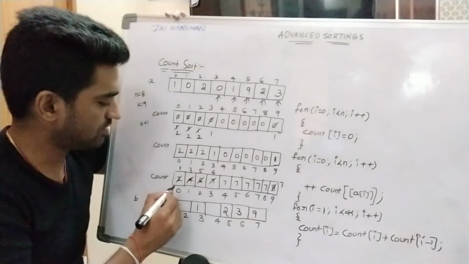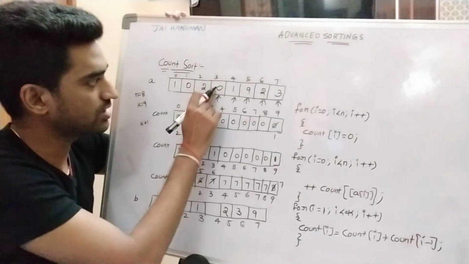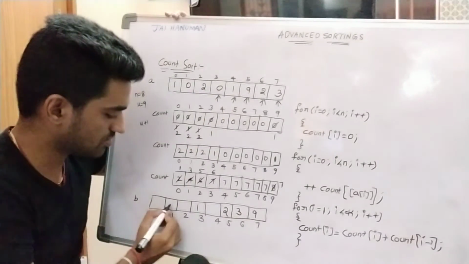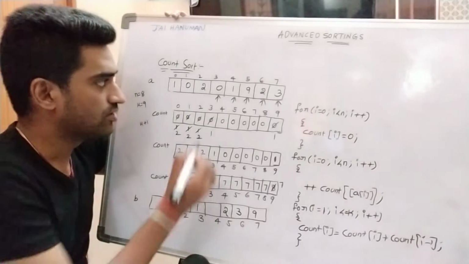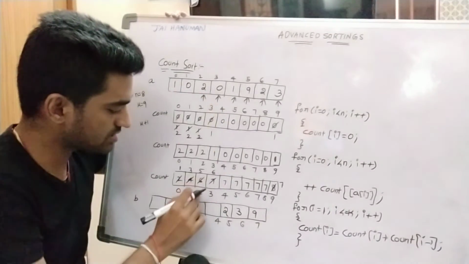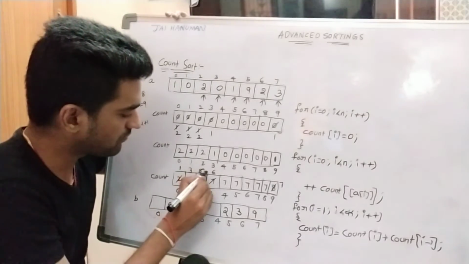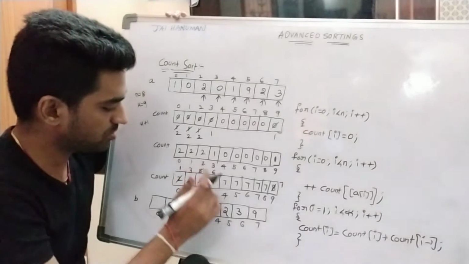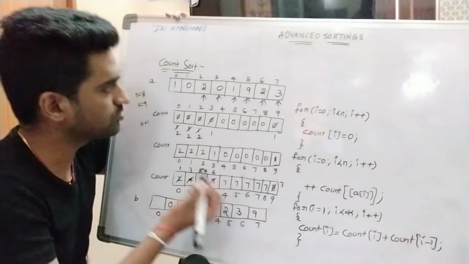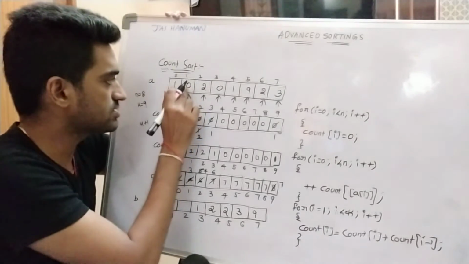So at the first position we are storing 0. After completion of this, go to the element 2. Go to the index of count of 2. This is decremented by 1, 4. So at the 4th position we are storing 2. After completion of this, go to the next element 0.